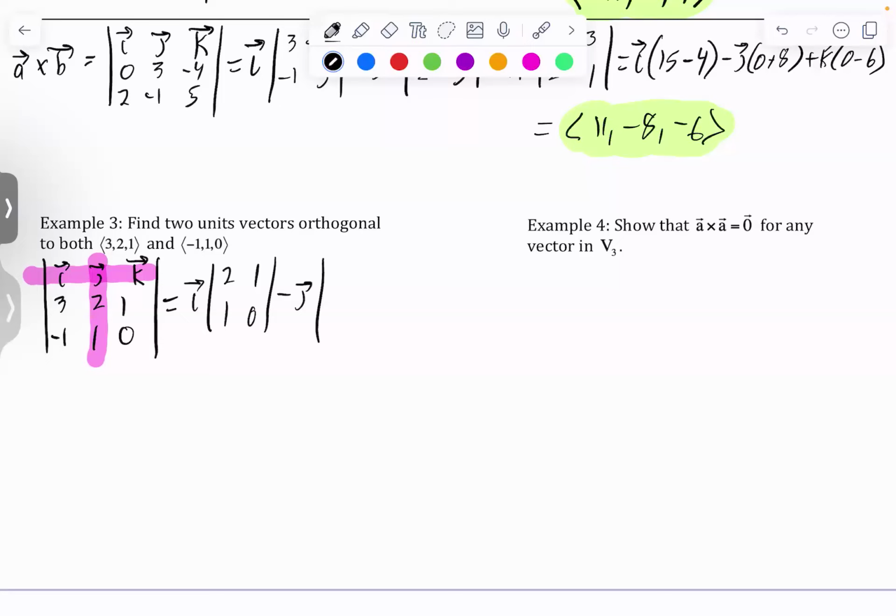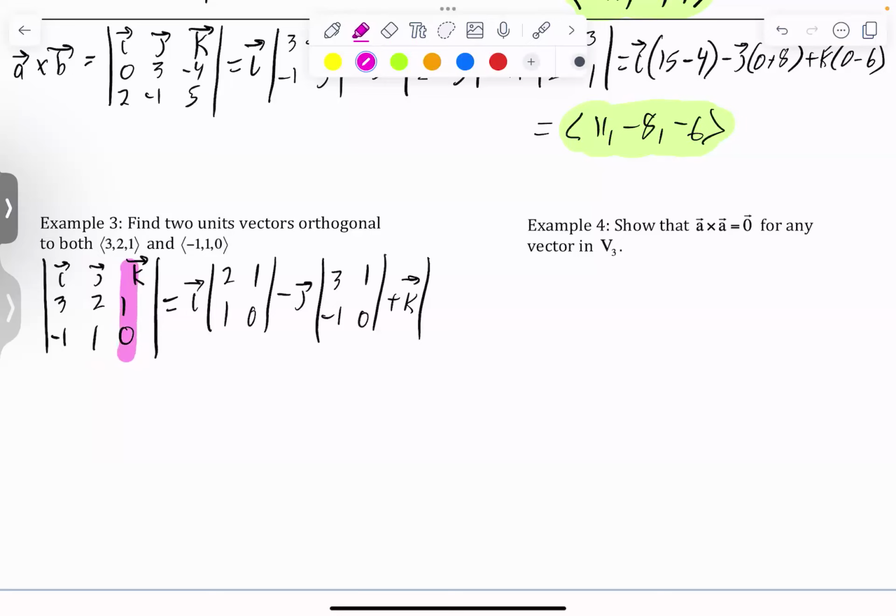And we're left with 3, 1, -1, 0, plus vector k. We are left with here 3, 2, -1, 1. And I'll continue down over here.